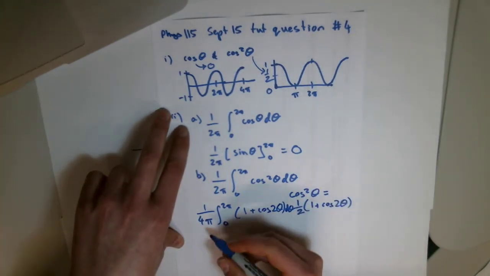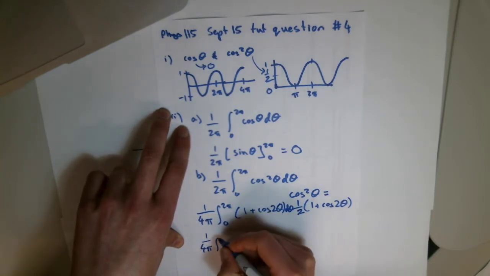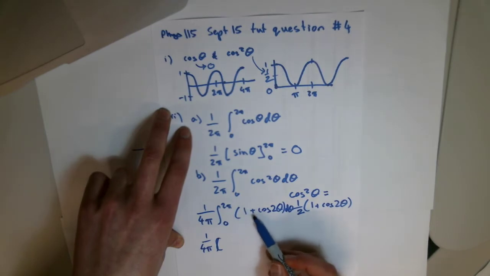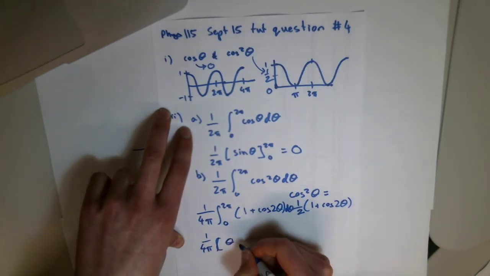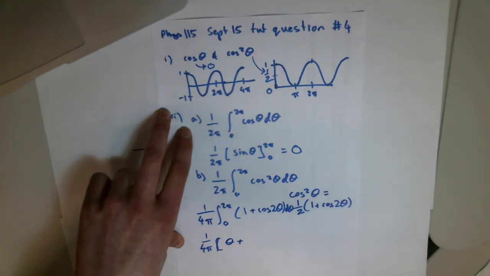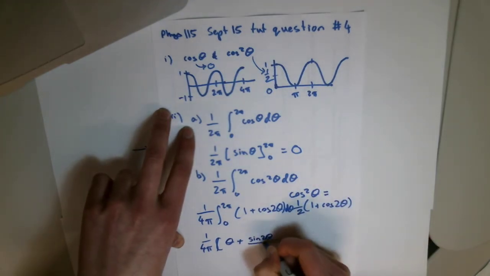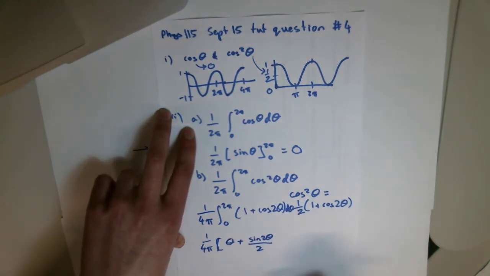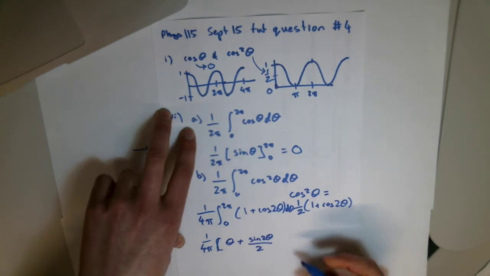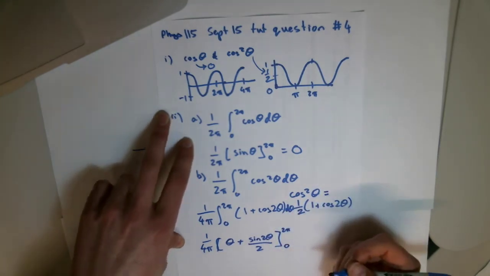The integral of 1 is just theta, plus the integral of cosine 2 theta is sine 2 theta divided by 2, so it's divided by the differential of what's inside that, evaluated at both 2 pi and 0.